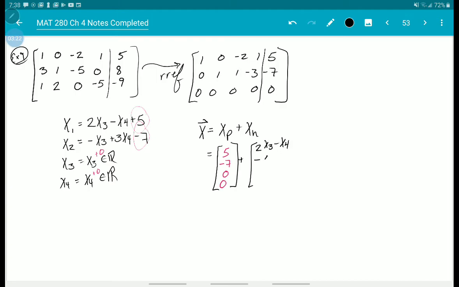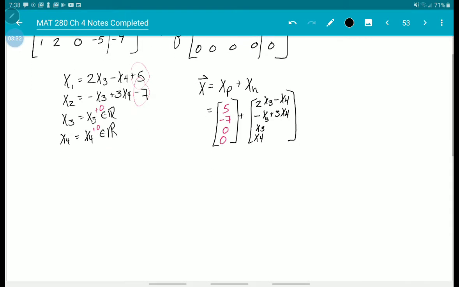And I'm going to rewrite this in a minute. So we could rewrite this way. So I'm grouping those x3 terms together, and then I'm grouping the x4 terms together.